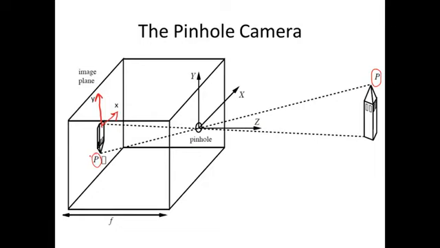Let's take note of the coordinate systems here. The coordinate system is located at the pinhole of the camera, and we have the x, y, and z axes in the world. The z axis is what's called the optical axis of the camera. And then we have the x and y axes.